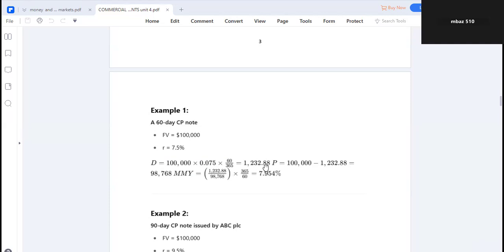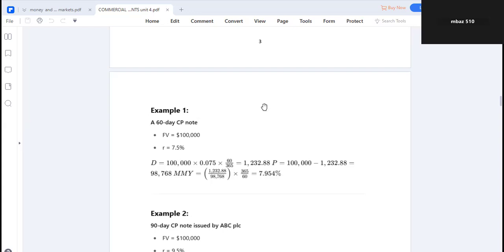When you compute this, you're going to get 1,232. Are we together so far? This is our discount value.